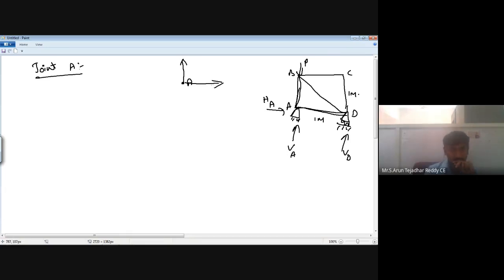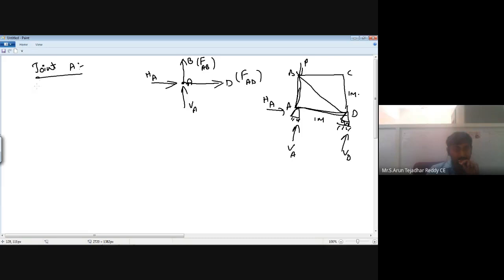Our direction convention is that all forces are assumed tensile, and here two reactions are there, HA and VA at joint A. This is D, this is B. It means from A to D, force AD, and from A to B, force AB.